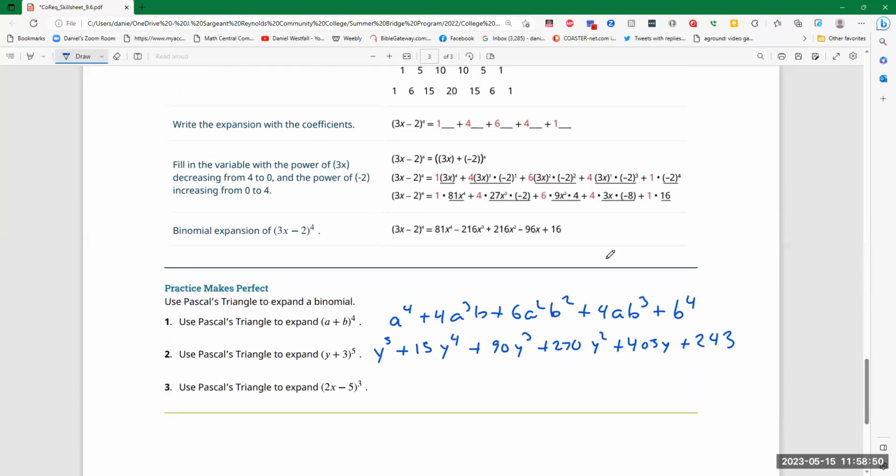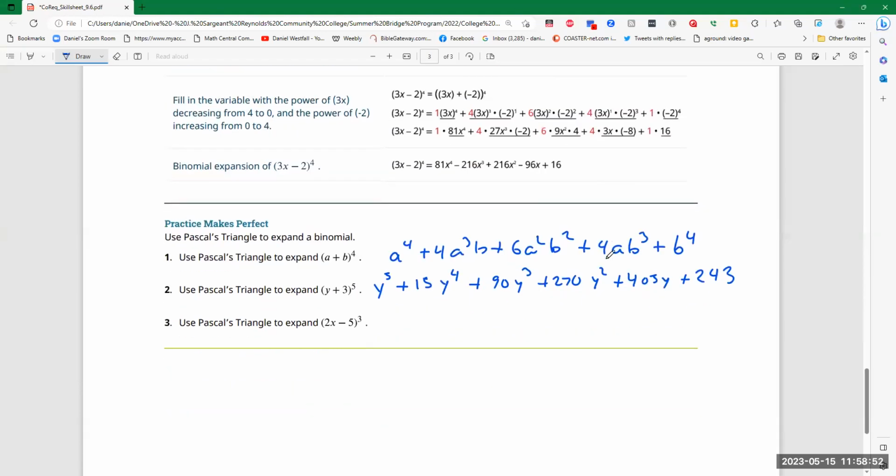Use Pascal's triangle to expand 2x minus 5 raised to the 3rd. So we're on this row of 1, 3, 3, 1. And so this is going to be 2x to the 3rd is going to be 8x cubed.